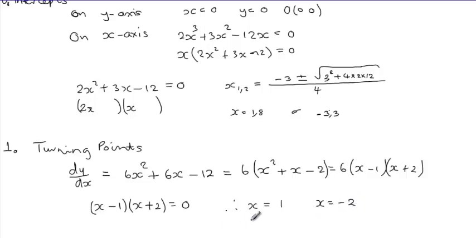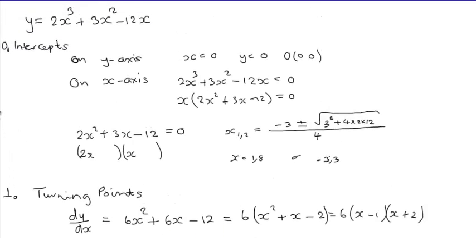So now these are turning points. Now we need to calculate these turning points and find the other coordinate y. But where do we calculate the other coordinate y? From the function itself.